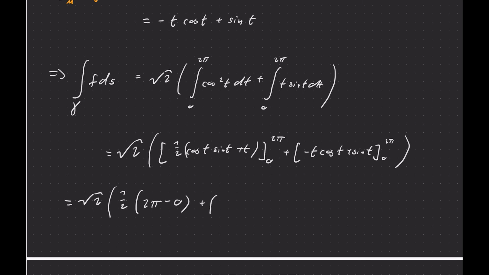And then we get this second part here. At 2 pi, we have minus 2 pi times the cosine of 2 pi. Cosine of 2 pi is the same as the cosine of 0, that is 1. So that gives us minus 2 pi plus the sine of 2 pi, that is 0. Minus, and now we evaluate that expression at 0. Well, this is 0 for t equals 0, and again the sine is 0. So again, we get a minus 0 here.